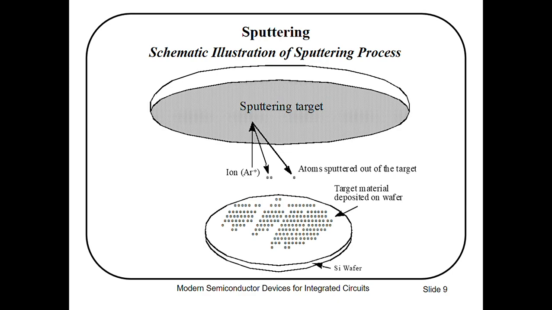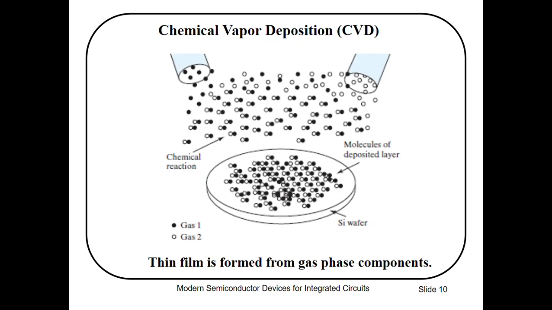The target is maintained at negative potential relative to the substrate and argon ions are accelerated towards the sputtering target. Here you can see the whole process, with the sputtering target and the silicon wafer. Chemical vapor deposition.